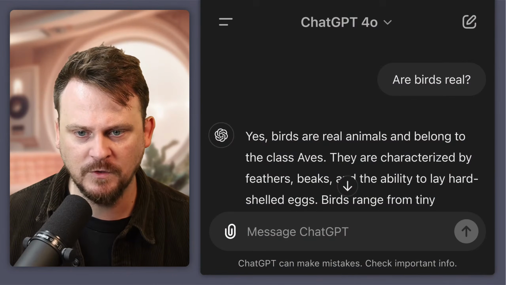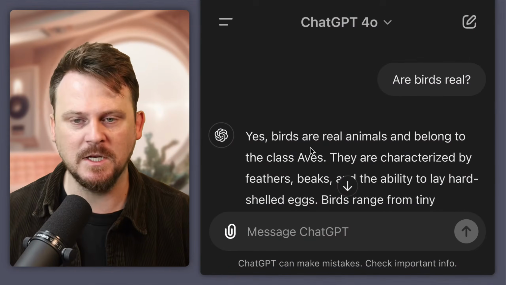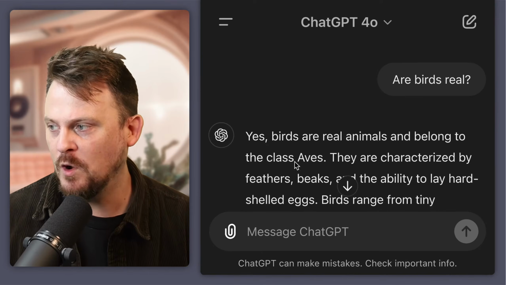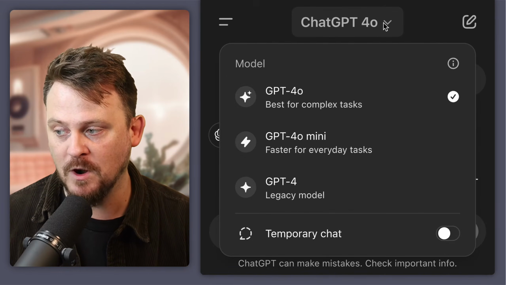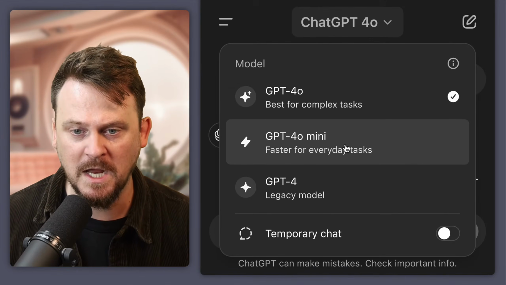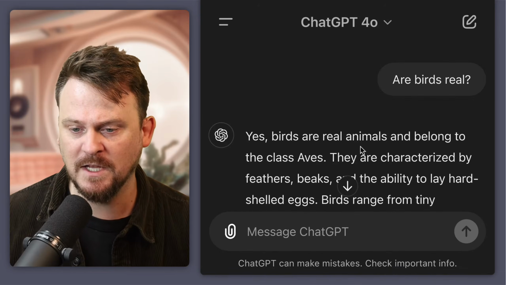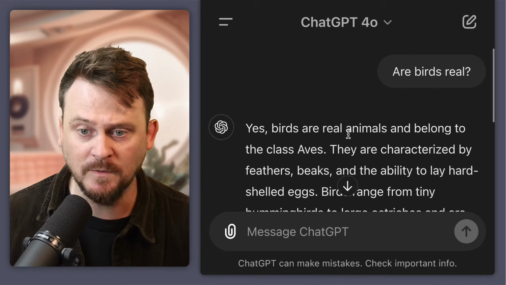So if you go into ChatGPT, yeah, this is my account. I have a paid account. I use ChatGPT all the time, so it makes sense. But if you have an account at all, you can use GPT 4o. So this one's really fast and also free, 4o mini, and it's also quite good. And then there's GPT 4o, which stands for 4Omni. And this is a really good model.